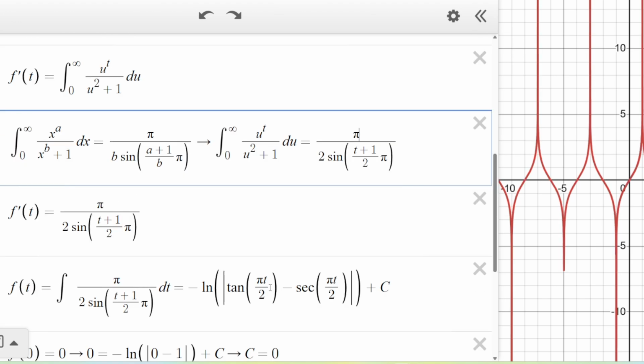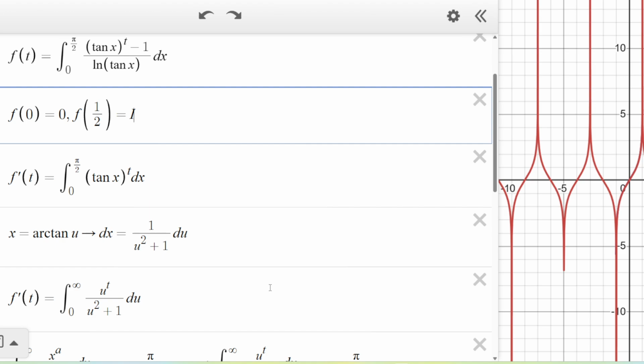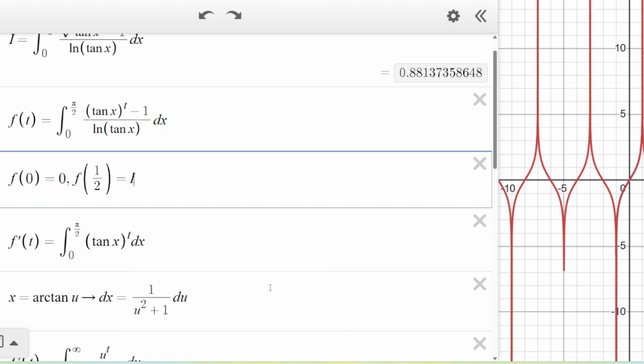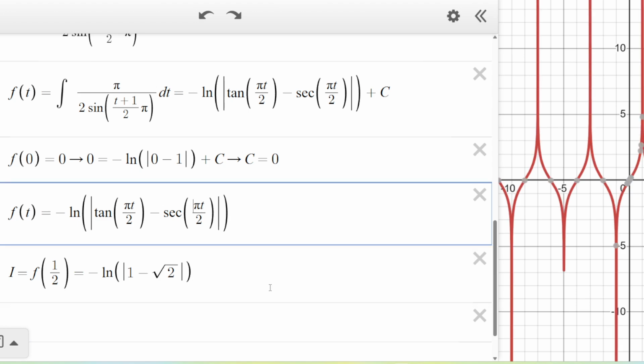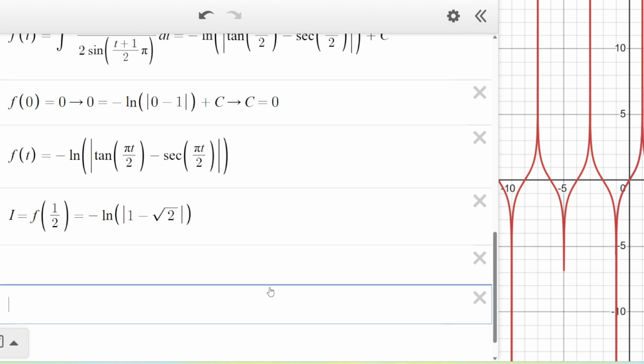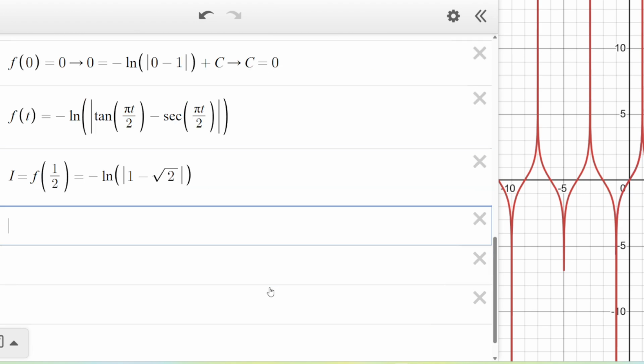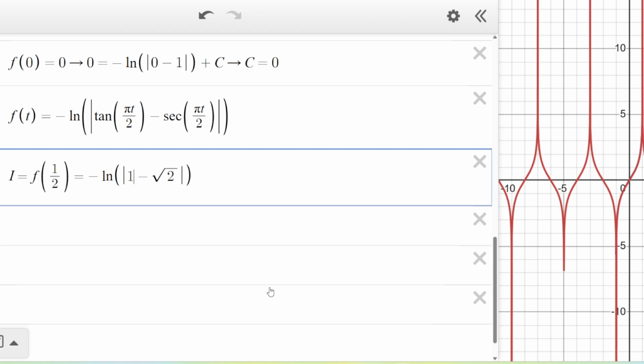All right, so now what do we have to do? We just have to plug in f of 1/2, and we have our answer. All right, so f of 1/2, well, if we plug in 1/2 for t, we get tangent pi over 4, which is, of course, 1. 1 right here.